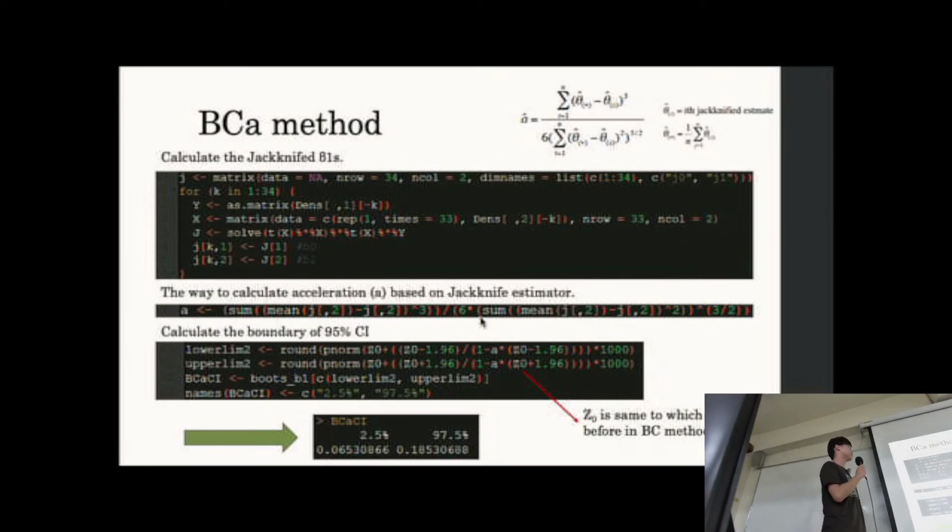Third, the BCA method. I calculate the jackknife beta 1s like this and use the jackknife estimators to calculate the acceleration value a by this equation.